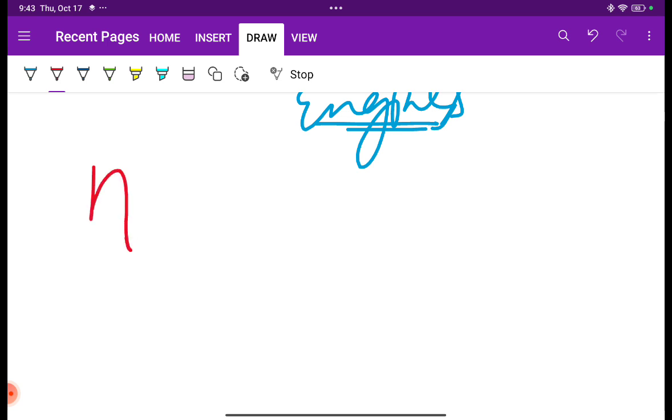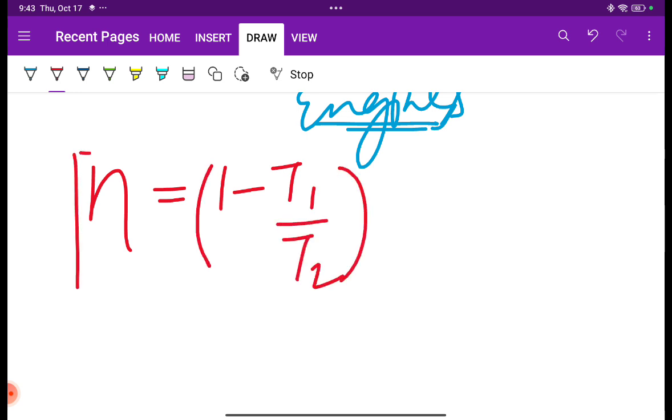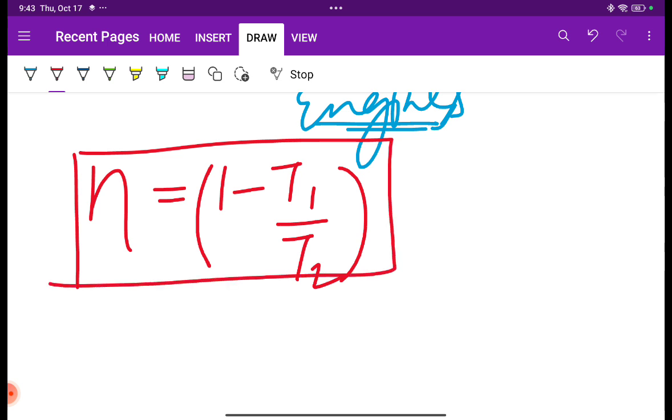Efficiency formula for this air standard Otto cycle is 1 minus T1 upon T2. This is the efficiency formula for the air standard Otto cycle.